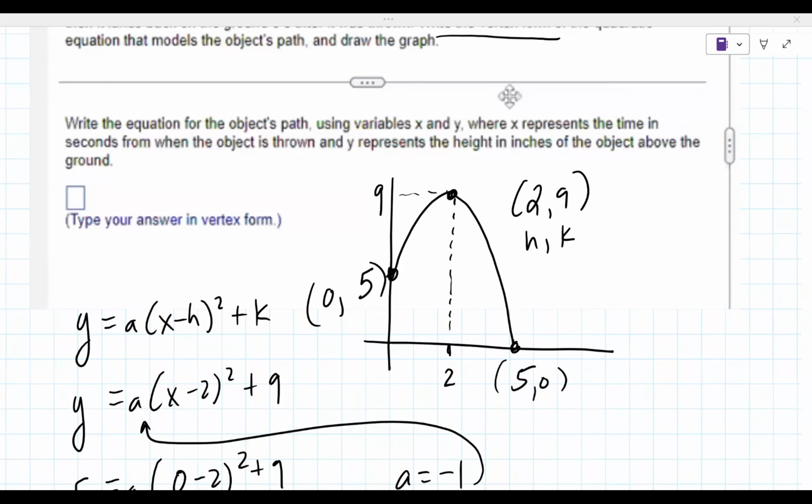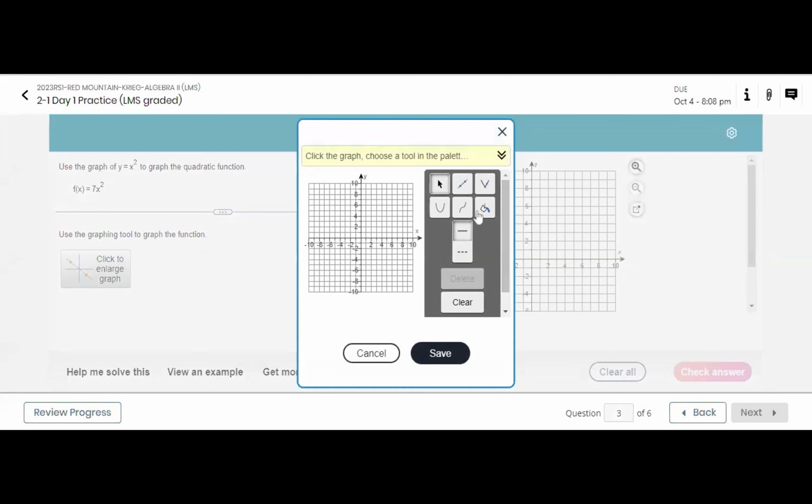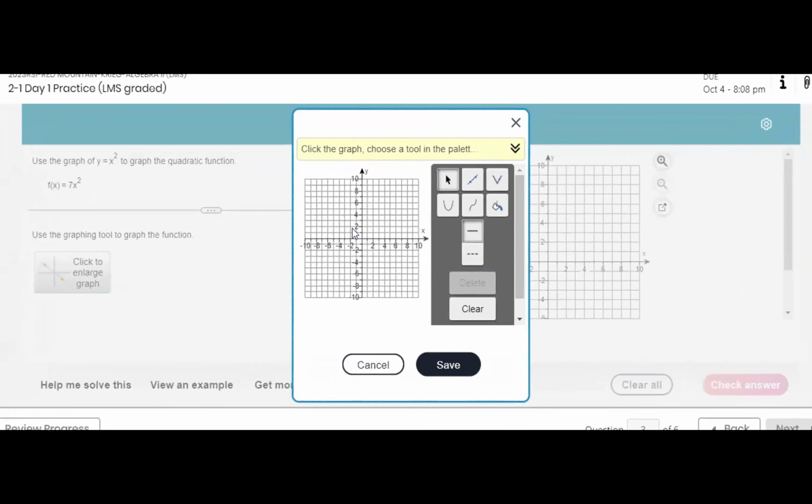I think I need some help on this one because I have to graph this. Sure, I can talk you through it. You can always use Desmos to graph if you're really unsure.